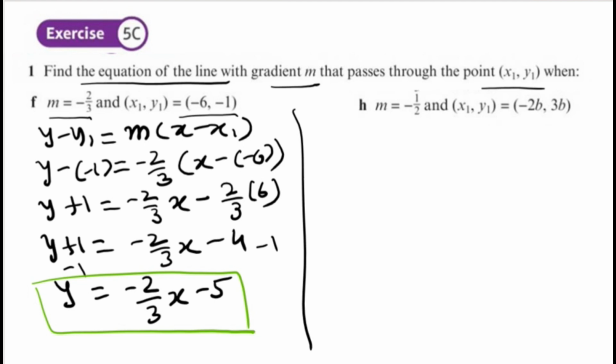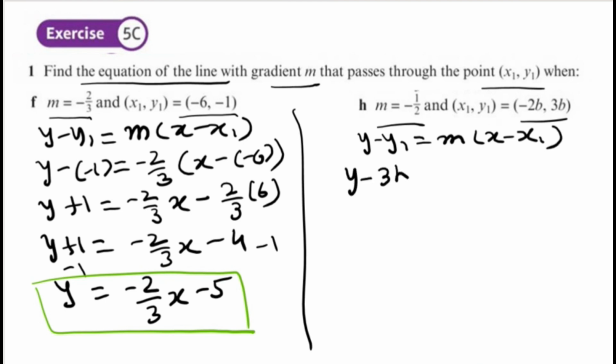Question number 2. Gradient is minus half and the coordinate is (minus 2b, 3b). We can use the same equation of line: y minus y1 is equal to m into (x minus x1). y minus 3b is equal to minus half (x minus minus 2b).